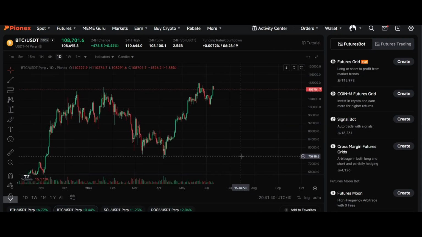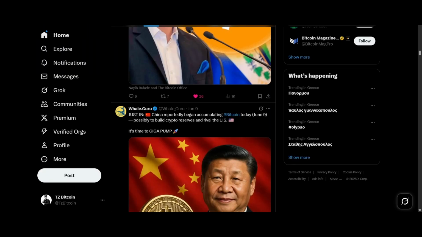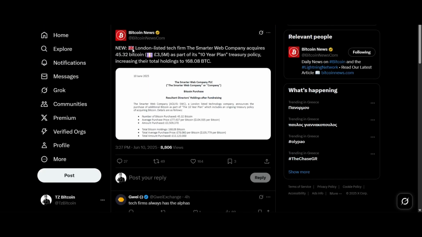That being said, guys, let's go and check some news. We have a London-listed tech firm named the Smarter Web Company acquiring 45.32 Bitcoin, around 3.5 million pounds, as part of its 10-year planned treasury policy, increasing the total holdings to 168.08 Bitcoin.